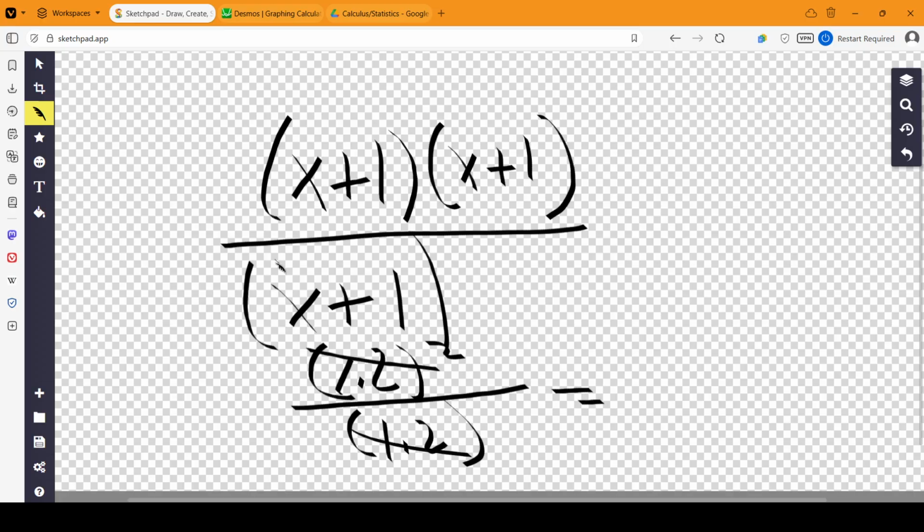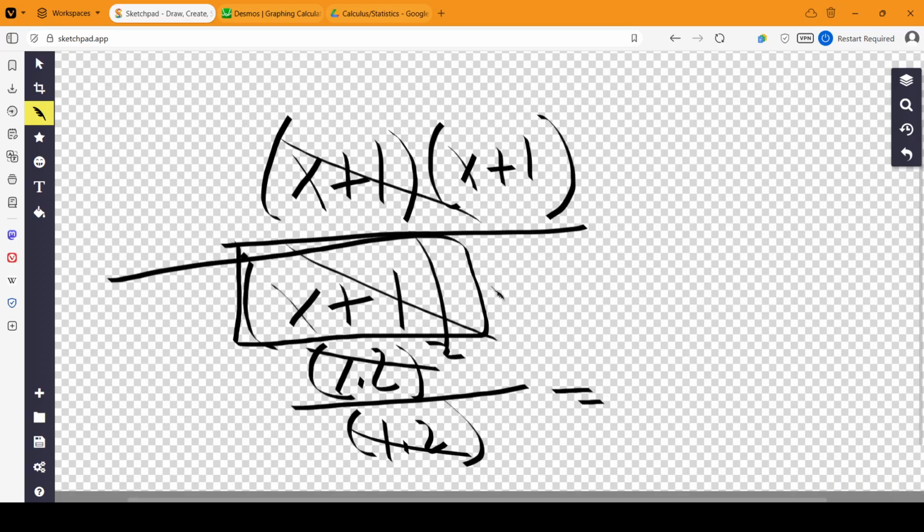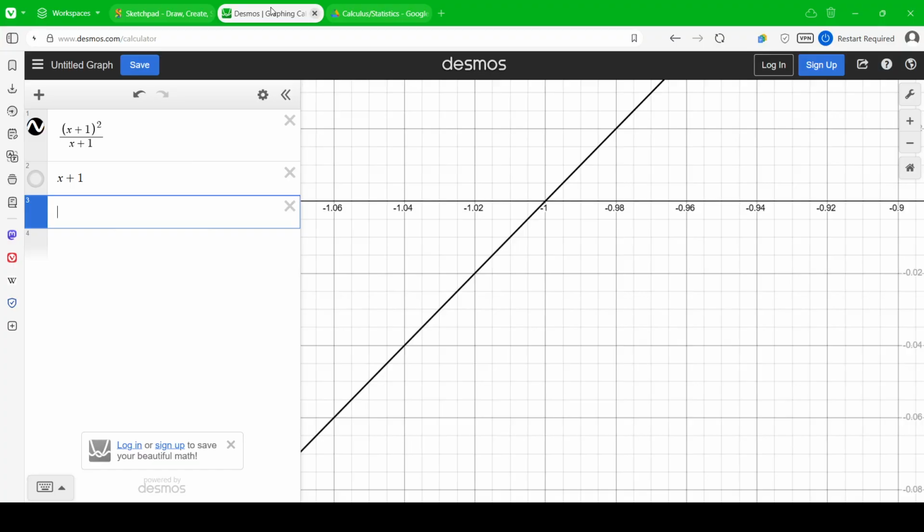The only exception would be this discontinuity right here, where if you plug negative 1 in, you'll get 0. But we can assume that there is no other discontinuity because they're always just going to cancel out on the numerator and the denominator, which is why we can still cancel it out if we're going to plug negative 1 in, because all other points are just going to cancel out regardless of this line right here.